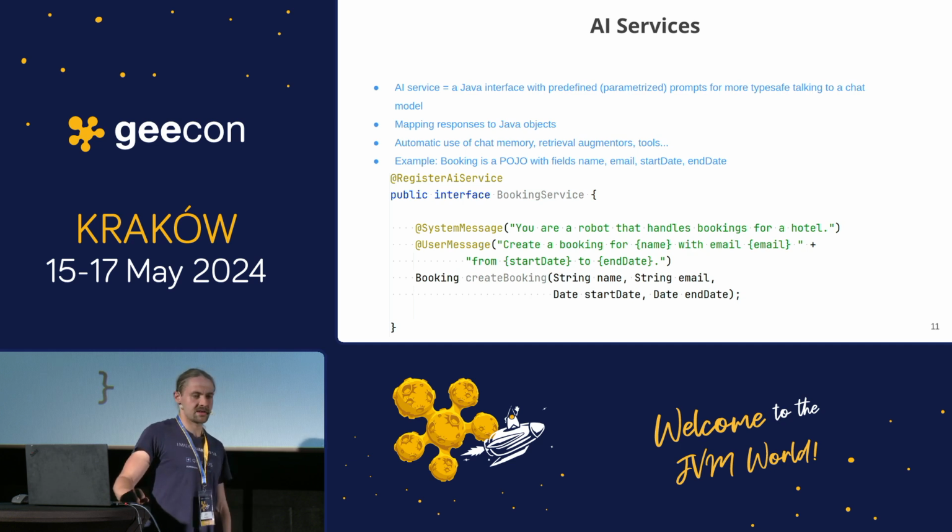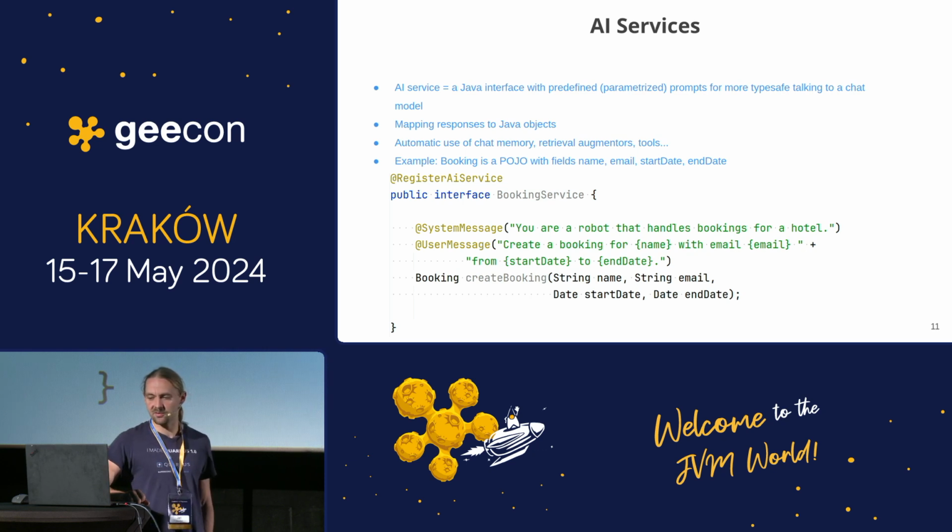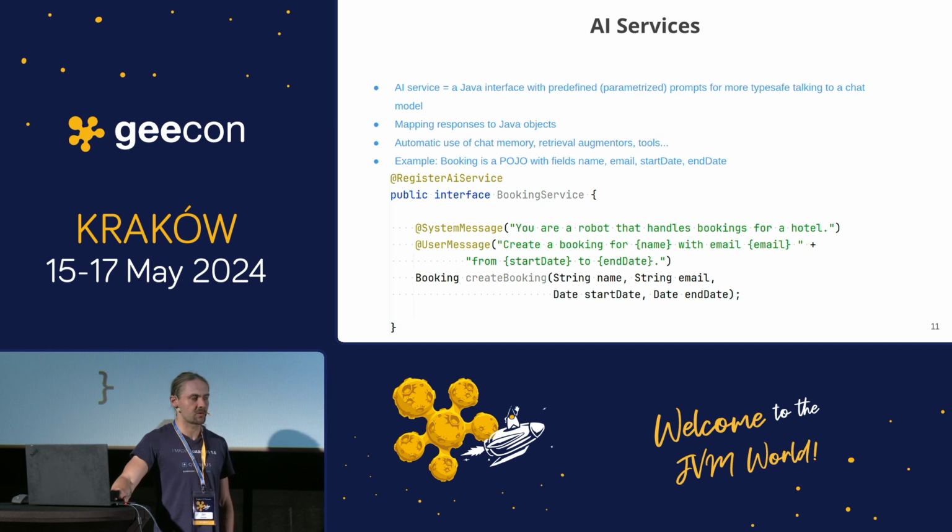So in this example, I have a very easy AI service that represents a robot that handles bookings for a hotel. And it has one method, create booking, with some parameters of information about the person making the booking. And it returns a booking object.